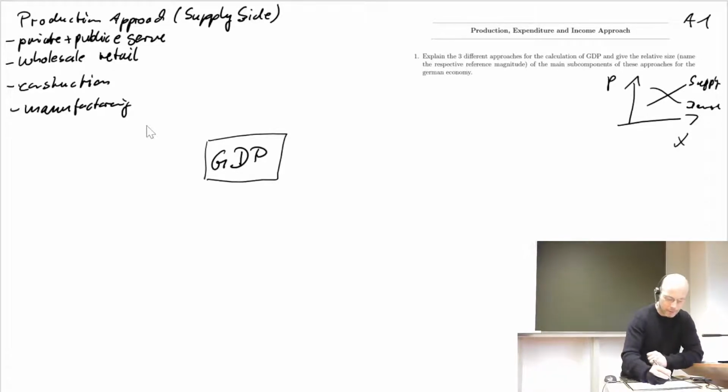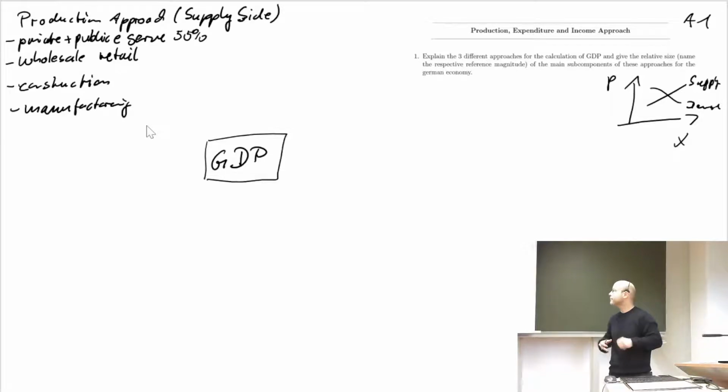And what are the quantitative proportions of these? You have there also? Okay. And then 16, or I take it just around. So you don't have to learn for the exam the exact number.